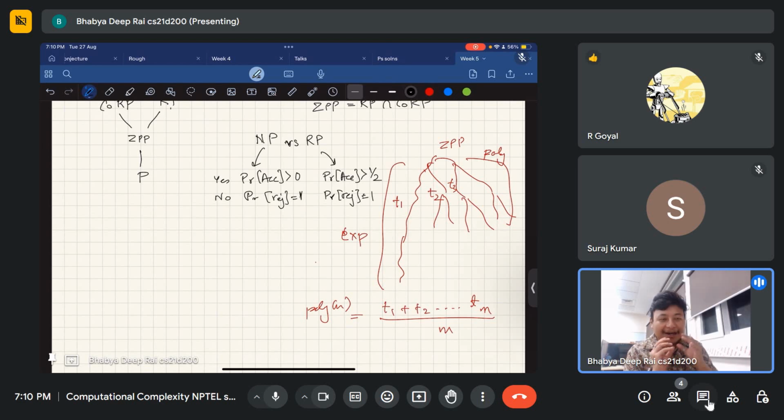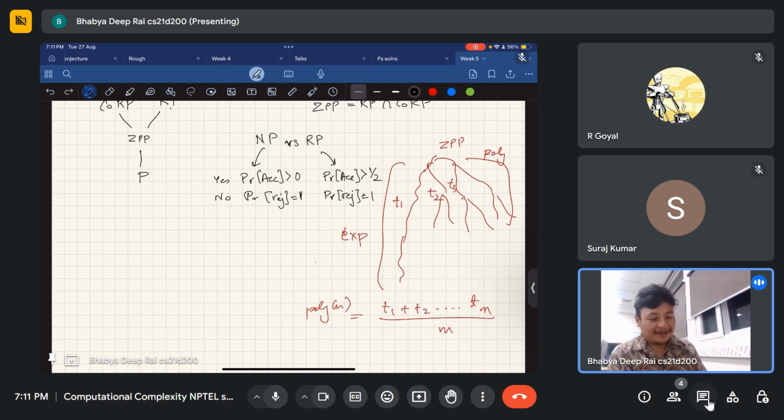So any RP algorithm you take is also an NP algorithm, because if you want to make a non-deterministic Turing machine, just run the RP algorithm and it will make coin tosses on the way, that is fine. By at least half probability it is already correct, and NP just tells you strictly greater than 0.